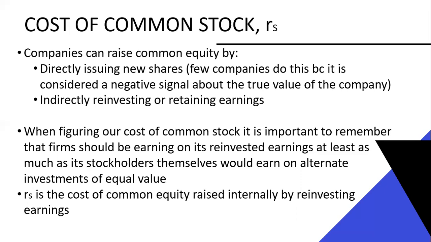All right, so let me explain this to you. When you are figuring out the cost of common stock, it's very important to remember that if a company were to take the money that they have, their retained earnings, and go into the market and invest that money in any investment option that is in the market, then you should be able to earn at least that much.